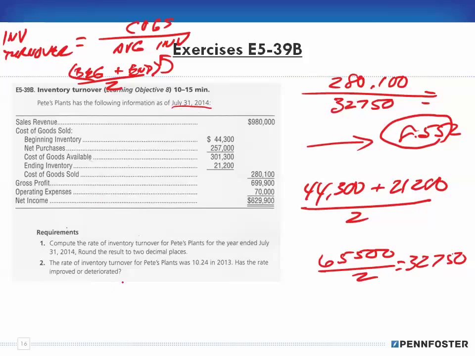So the rate of inventory turnover for Pete's Plants was 10.24 in 2013. Has the rate increased or decreased? So obviously it's decreased, because if it was 10.24 and now it's only 8.55, that means it went down. So that's it for this problem.